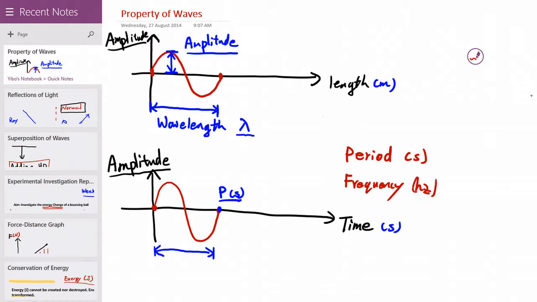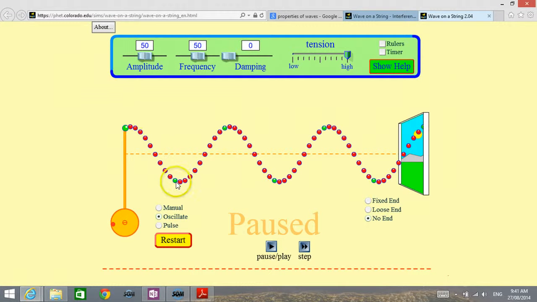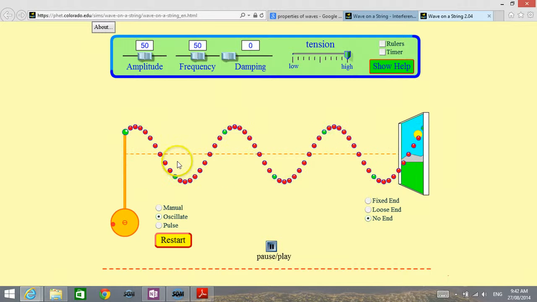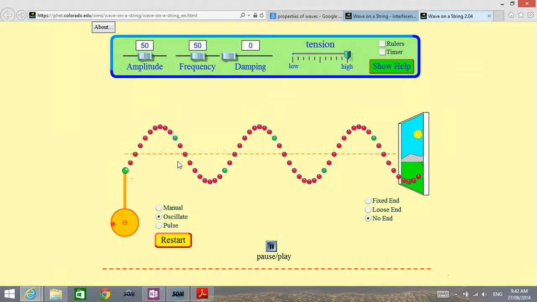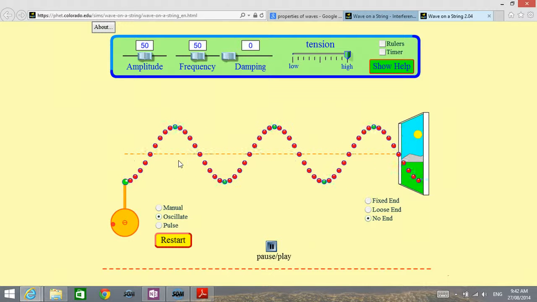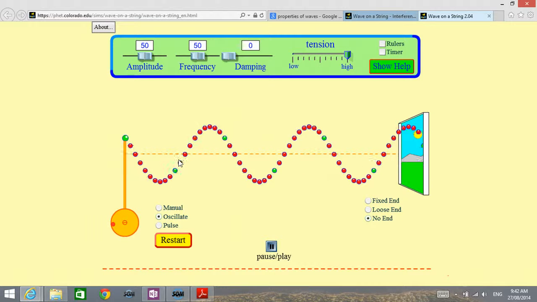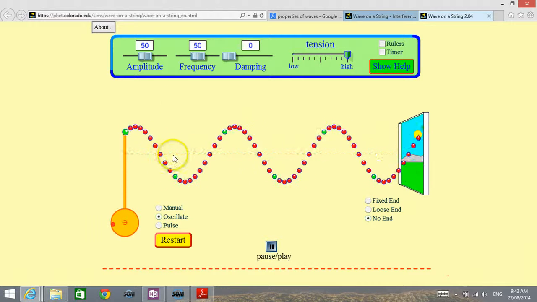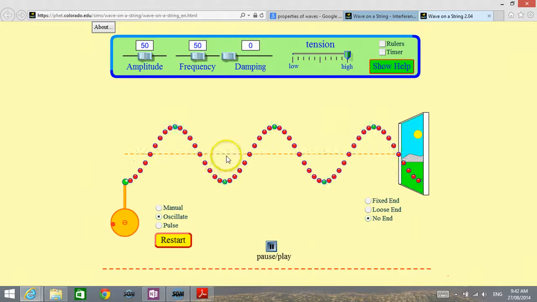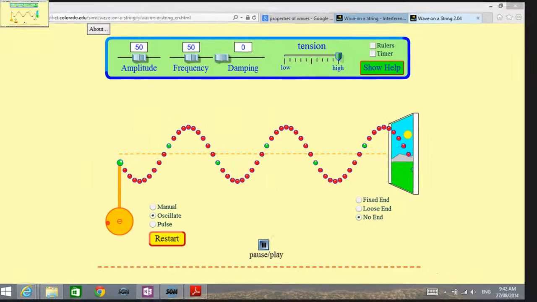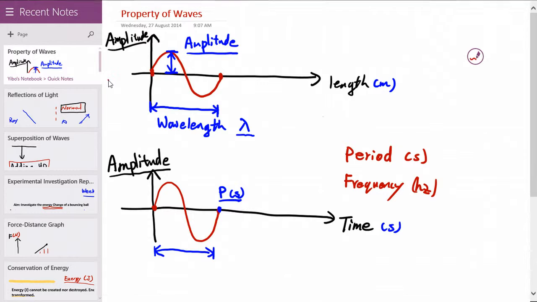It means how many periods are passing through a certain point in 1 second. So for instance, if you look at this point again, frequency is how many times that point vibrates in a cycle over 1 second.